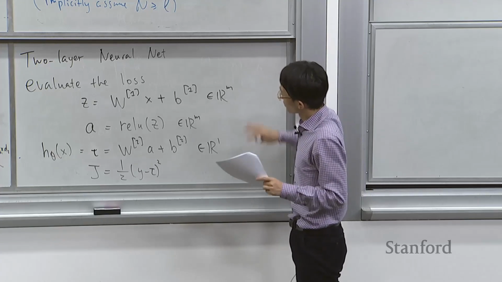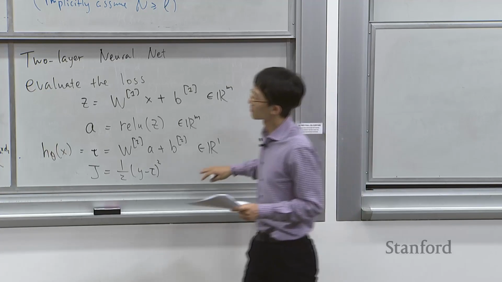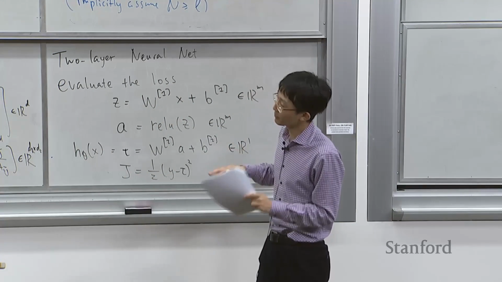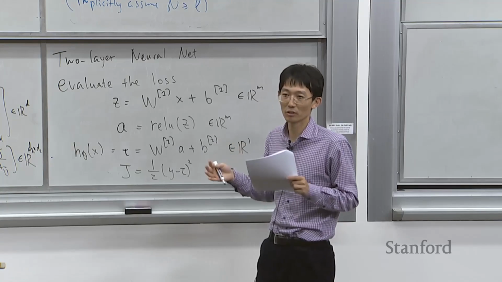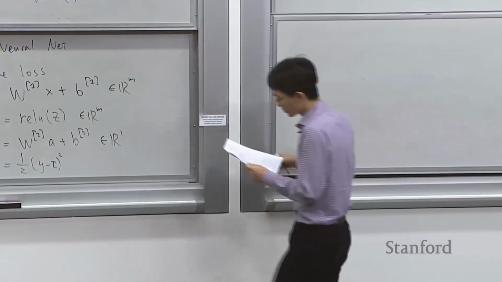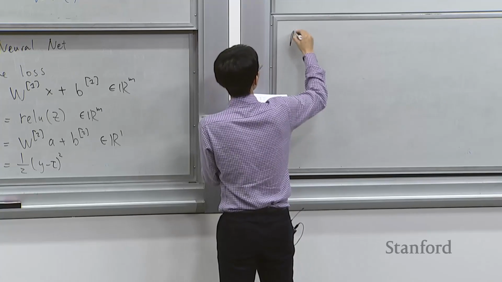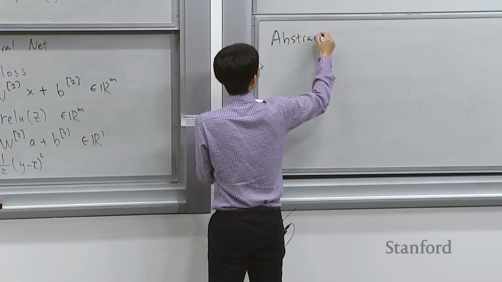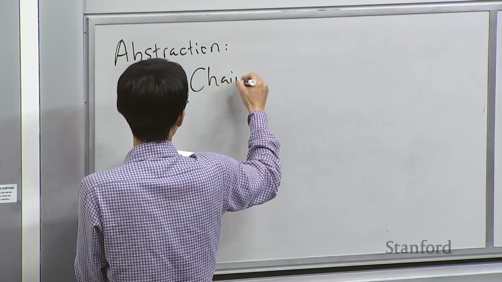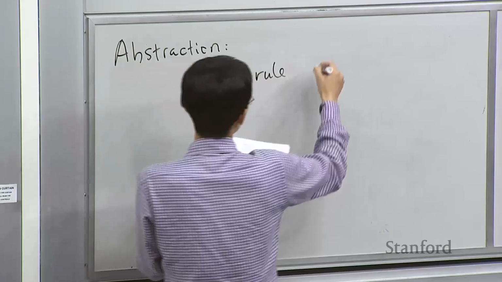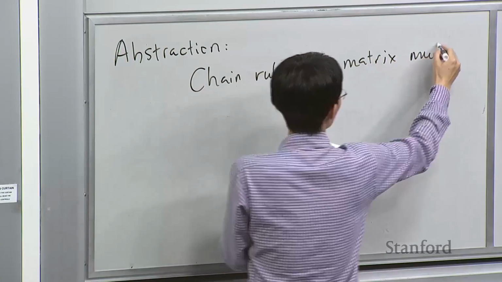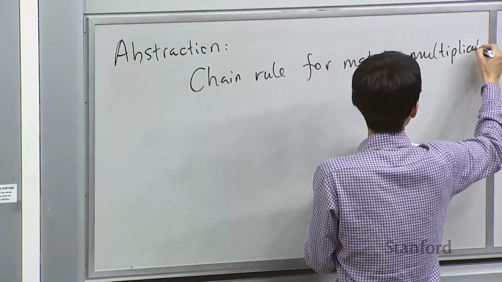So what I'm going to do is try to keep everything in vectorized notation. I'm still going to do the chain rule, but a more vectorized version of the chain rule. Because of that, I'm going to have this kind of abstraction. In some sense, I call this the chain rule for matrix multiplication. I guess there's no unique name for this. This is just invented by me, but it's really a simple fact.